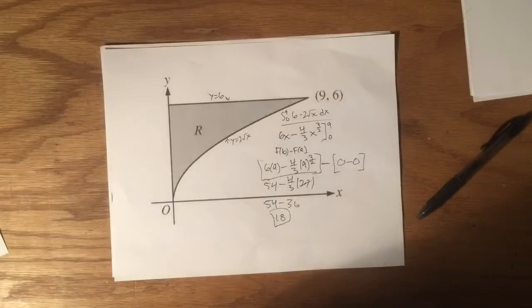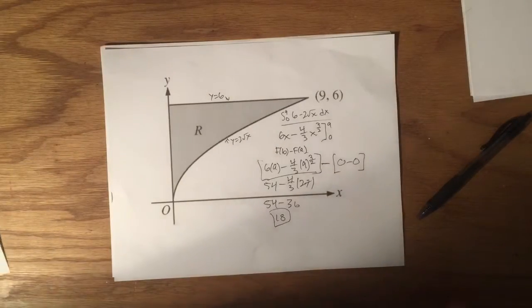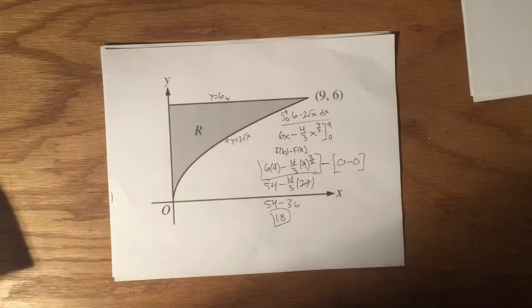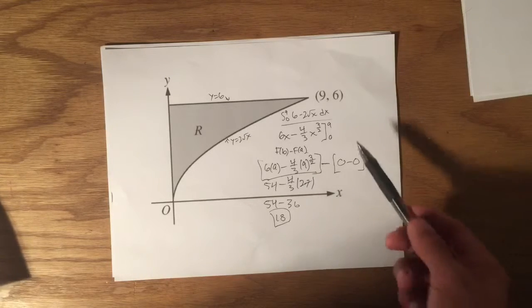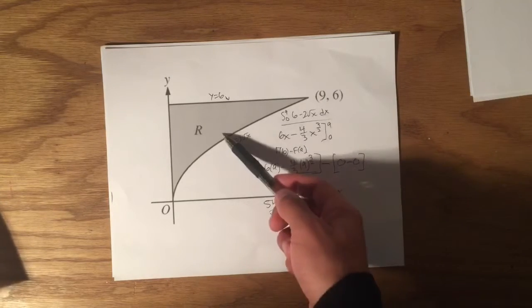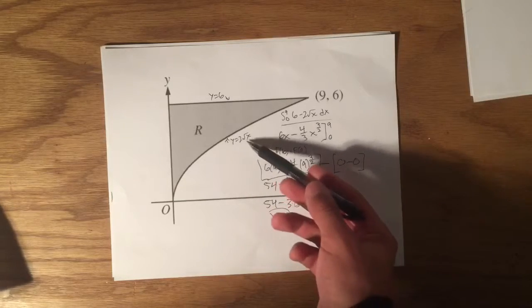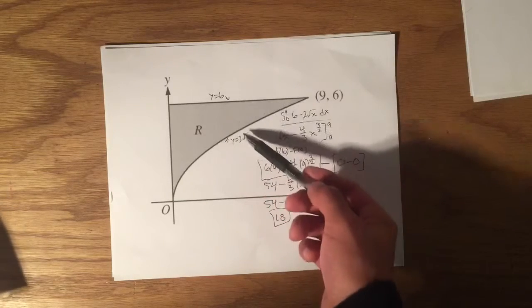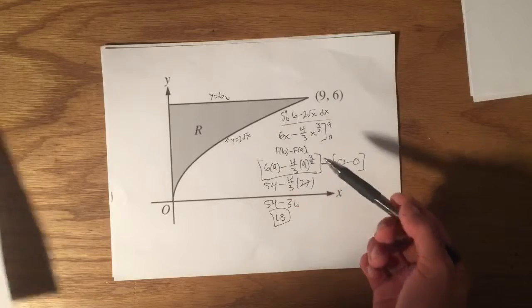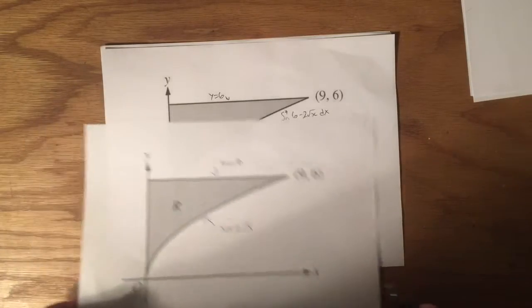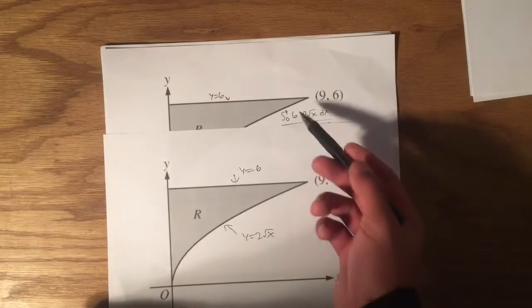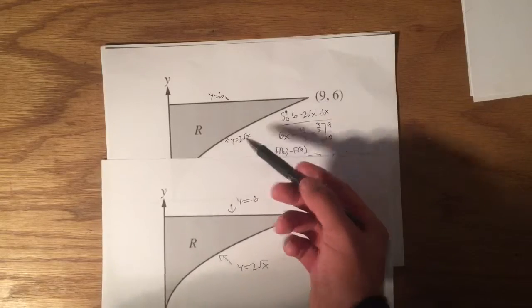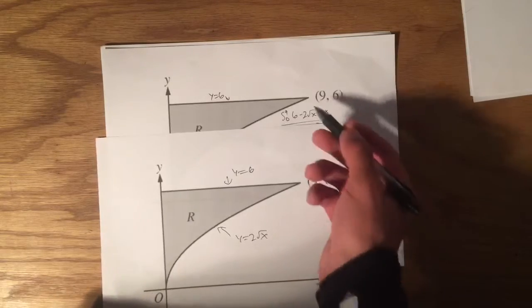Okay, so we have our answer for part A, but a common mistake people might make is that when they're taking the integral to find the area, they might mistake the upper and lower functions. Instead of taking your upper function minus your lower function, they would switch the two.